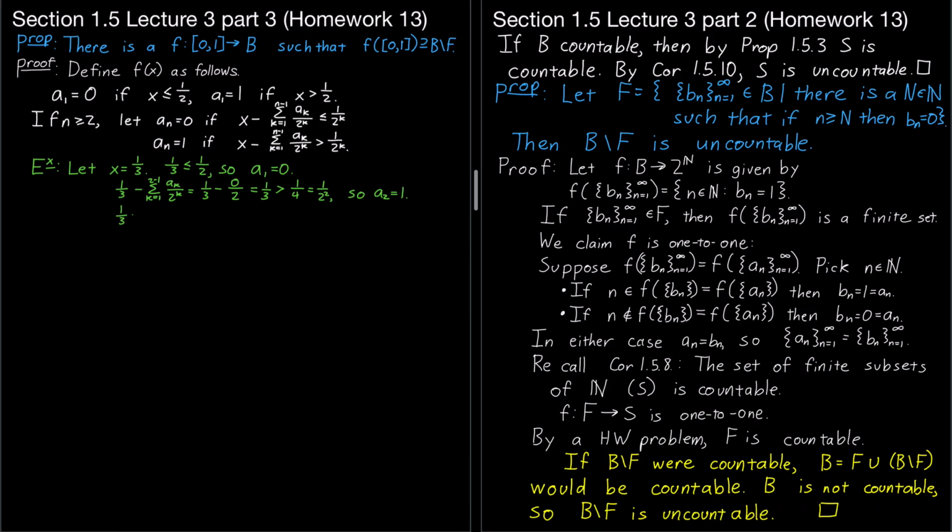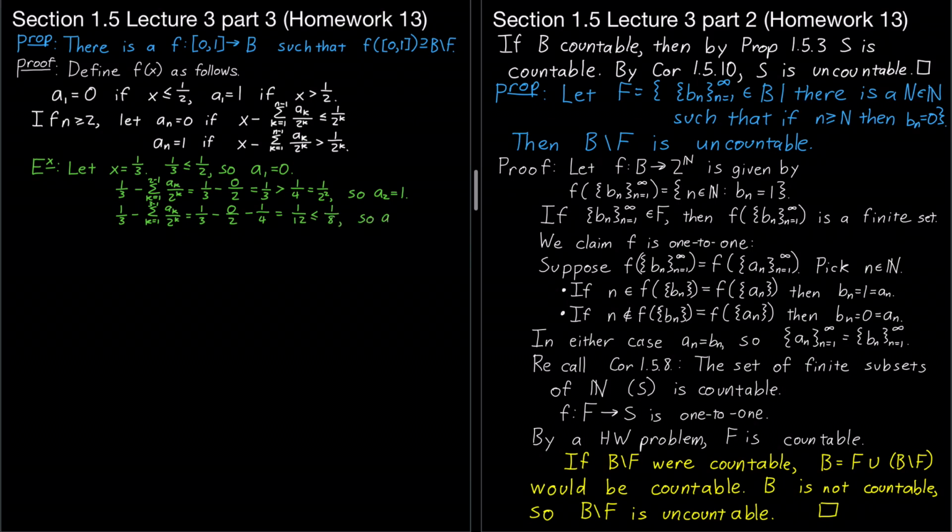And then to find a3, we take 1/3 minus 0 halves minus 1/4, which is 1/12, which is less than or equal to 1/8.